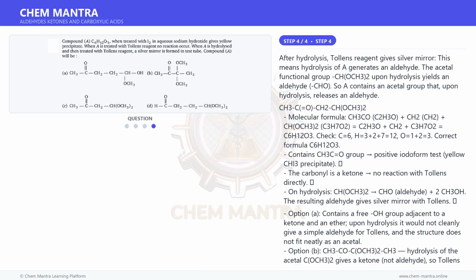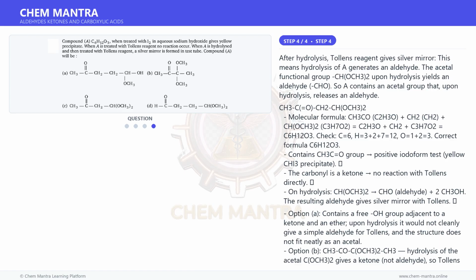CH3C=O CH2 CH(OCH3)2. Molecular formula: CH3CO is C2H3O, plus CH2, plus CH(OCH3)2 is C3H7O2, which gives C6H12O3.